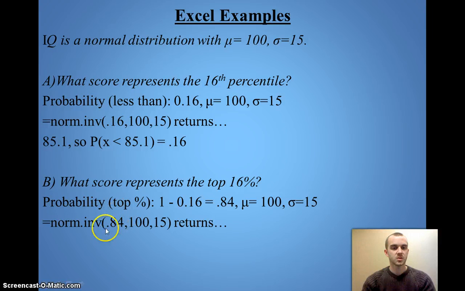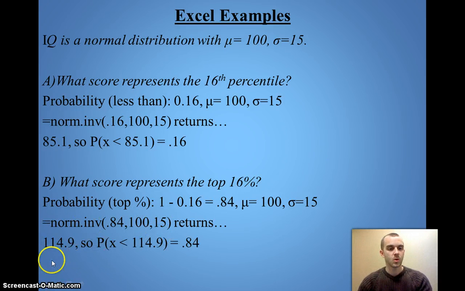So here, instead of putting 0.16, we put its complement, which is 84 hundredths, and then we put the 115, and we get 114.9. So we'd say the probability of being greater than 114.9 is about 16%.